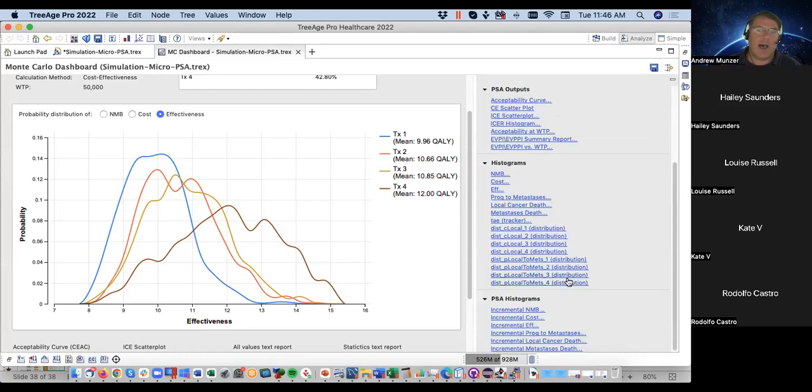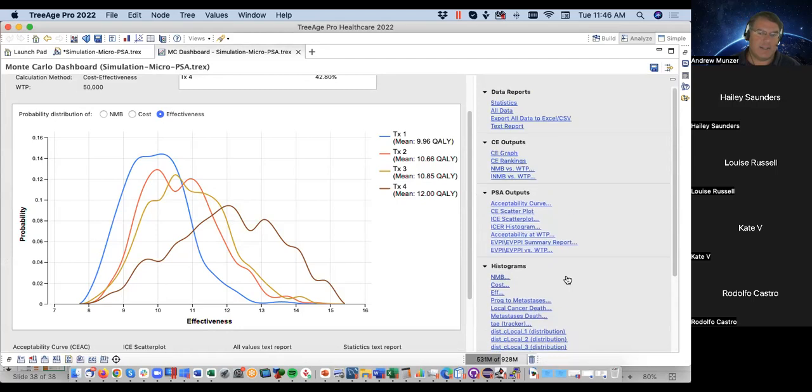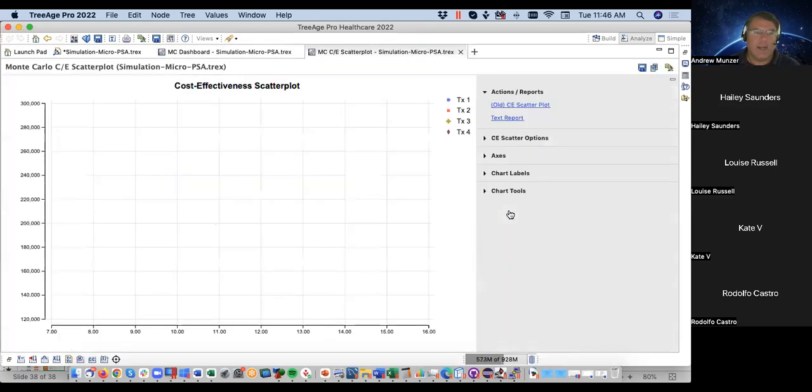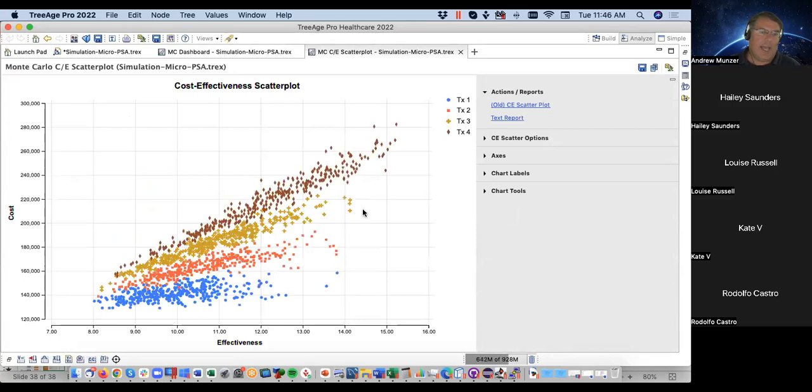And you see there's a lot of secondary inputs related to this, and we'll just look at a couple of them. I don't really use this in papers or anything, but this really shows you the change in both cost and effectiveness as we sample the distributions for each of the parameters. It's clearly treatment 1 had the lowest effectiveness in general, and then treatment 2, then treatment 3, and then treatment 4.